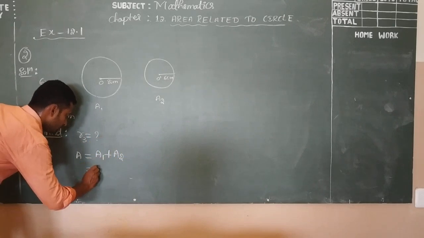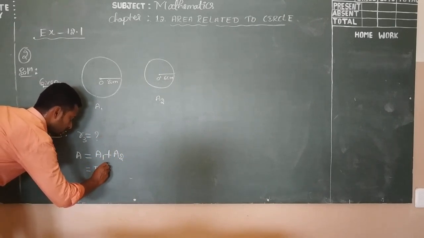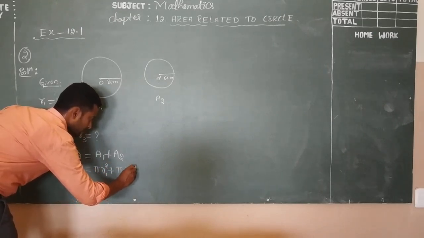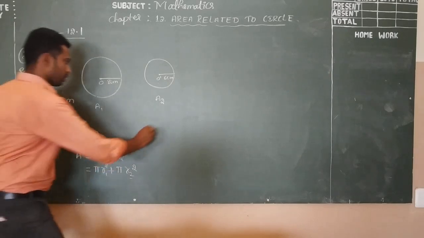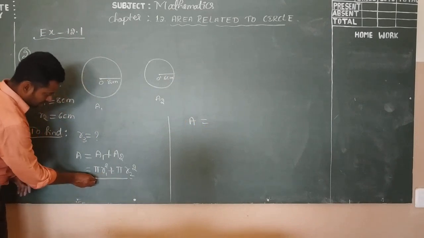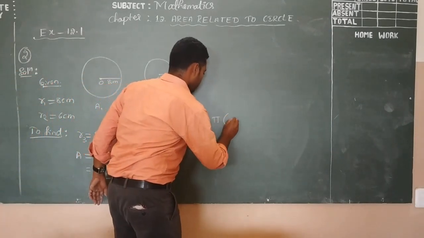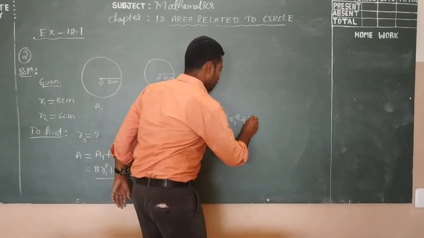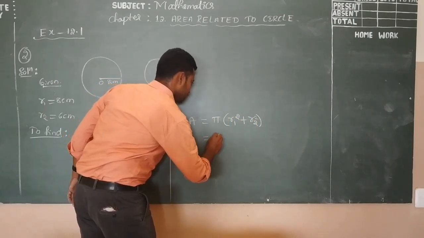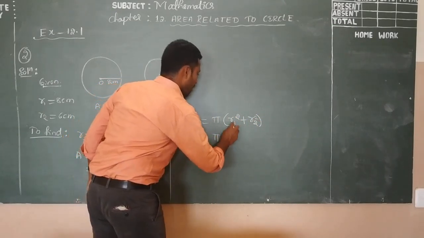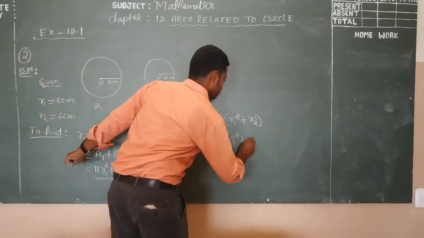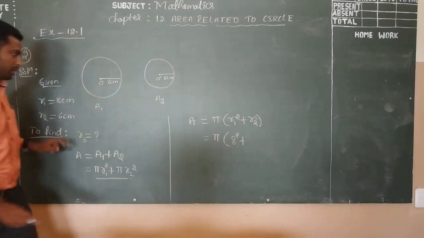Area is pi r square, so pi r1 square plus pi r2 square. Taking pi as common, the remaining is r1 square plus r2 square. So pi times 8 square, where R1 radius is 8, plus 6 square, where R2 is 6 centimeter.